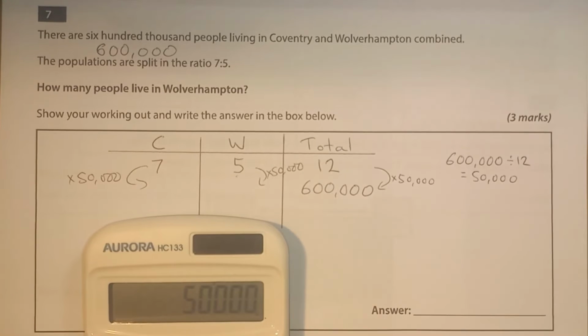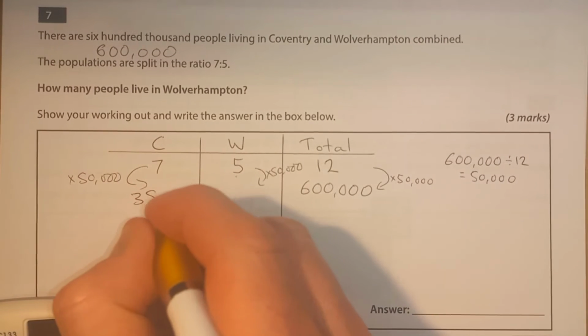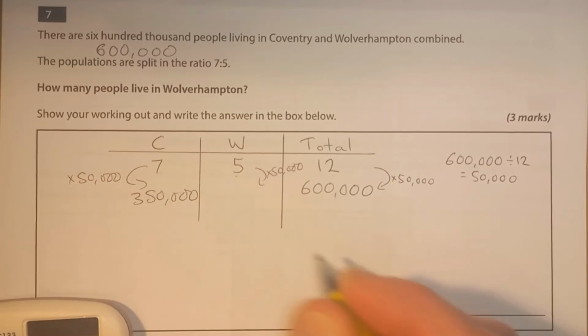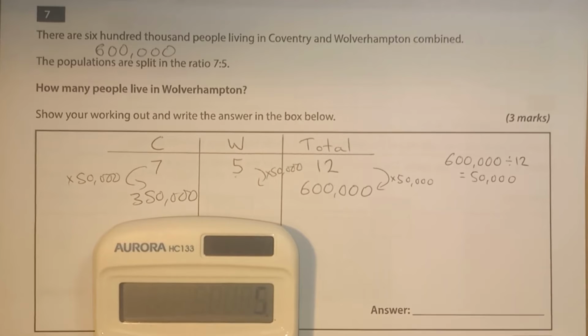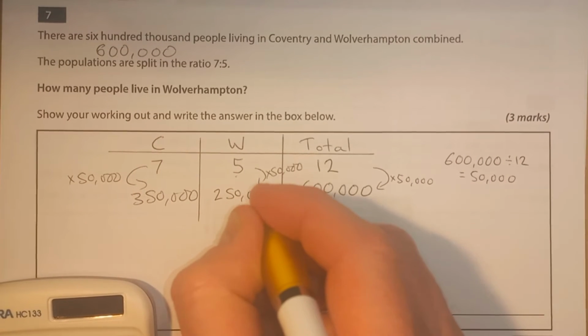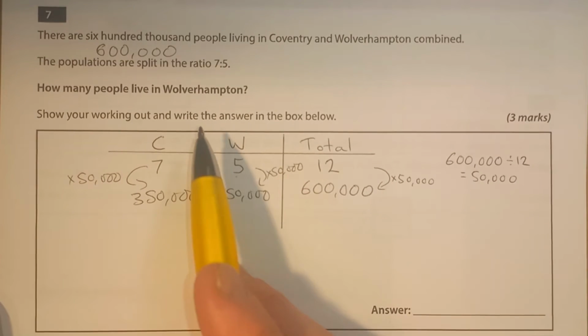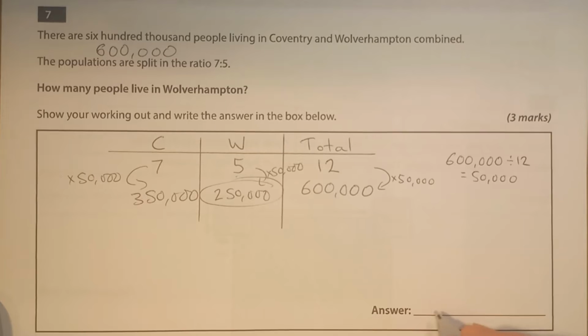So 50,000 times 7 gives us 350,000. And 50,000 times 5 gives us 250,000. They've just asked how many people live in Wolverhampton, so they just want this number here.